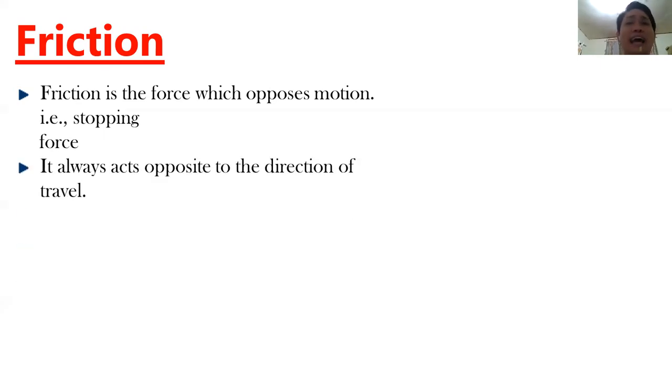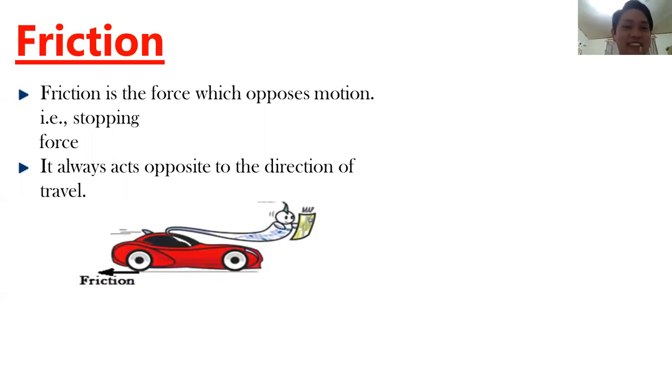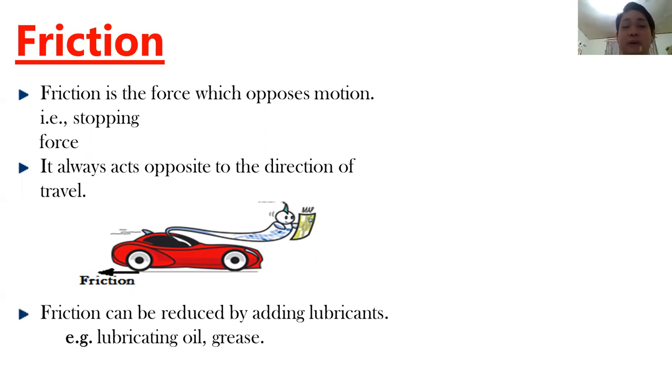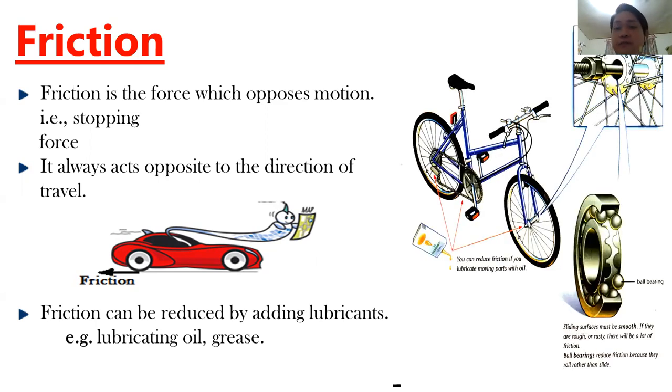It always acts opposite to the direction of travel. Friction can be reduced by adding lubricants. For example, in the bicycle illustration, you can reduce friction if you lubricate moving parts with oil.